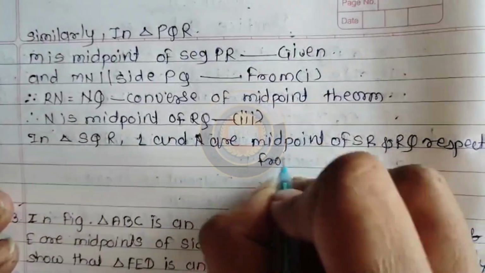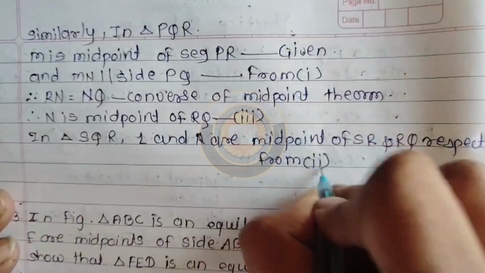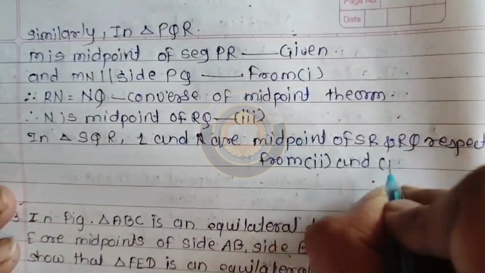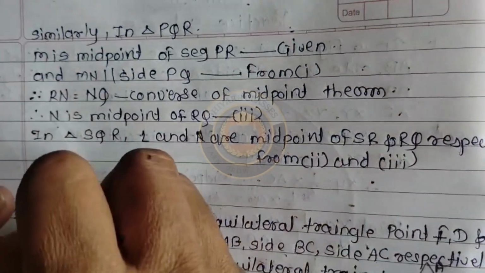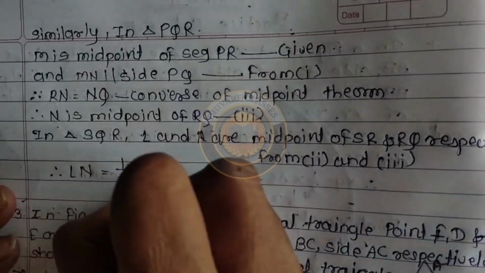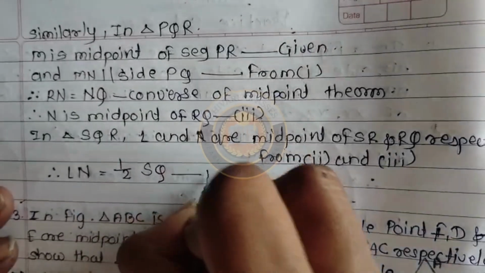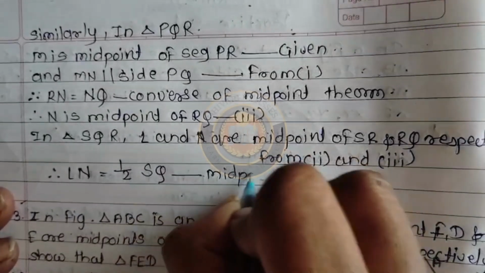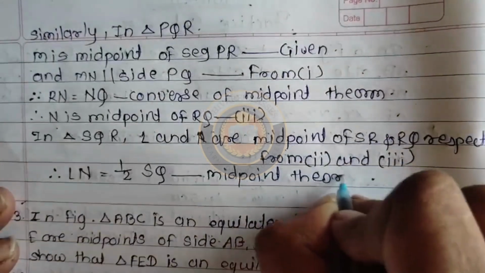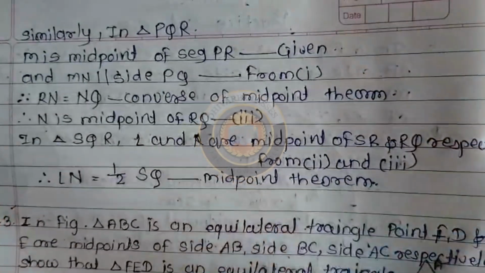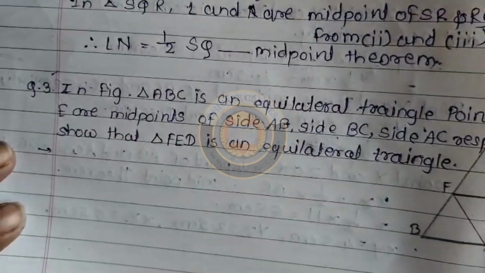From second and third, therefore LN is equal to 1/2 SQ, midpoint theorem. ओके, समजलं सर्वांना. आता इथे थर्ड नंबरचा आहे.